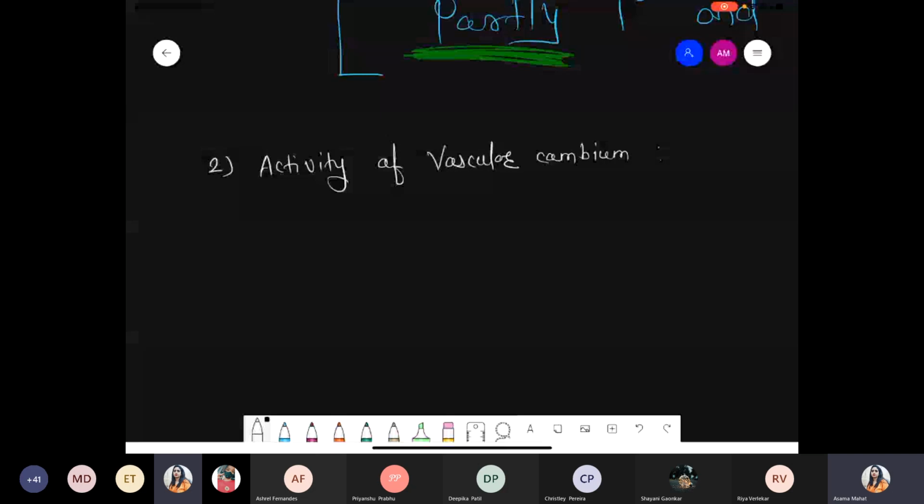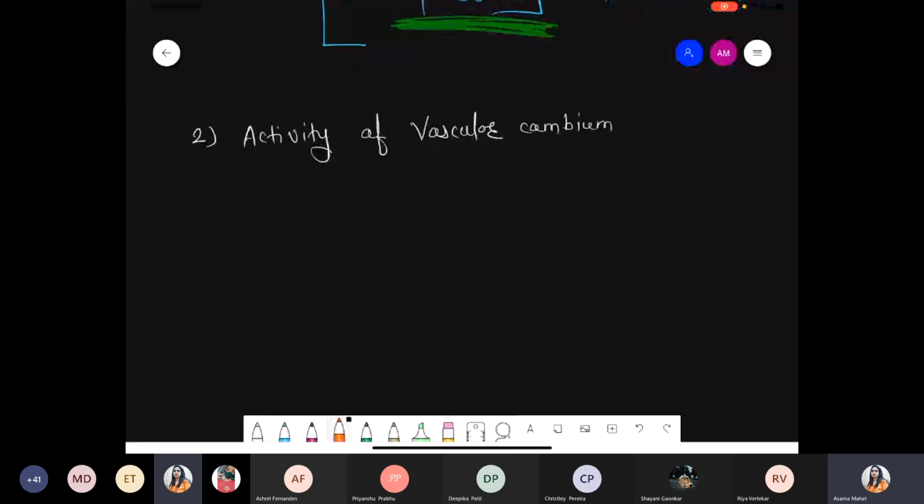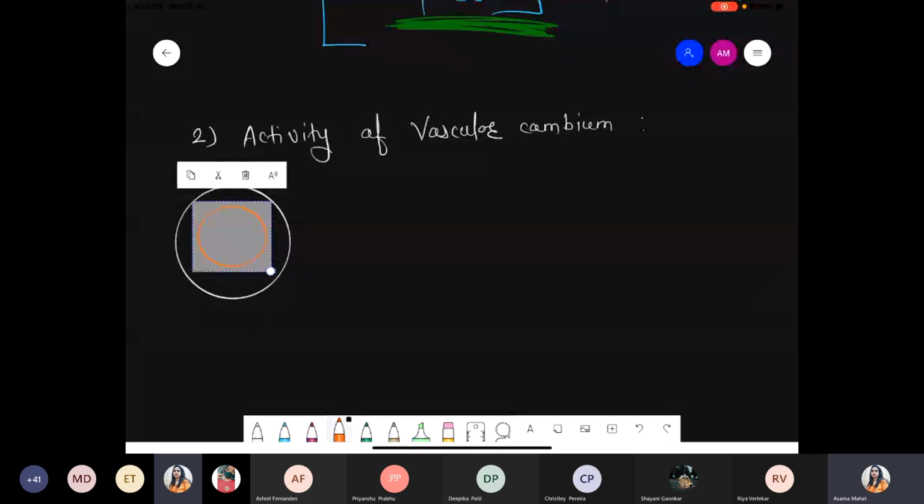Activity. For simplicity, this is a vascular bundle. Inside the vascular bundle, these are the vascular cambium. Just draw a very simple diagram. I am writing V cambium, V stands for vascular.